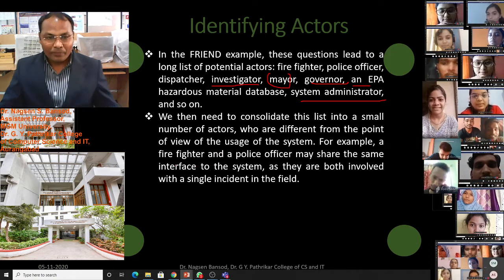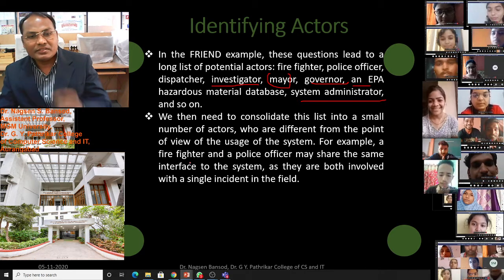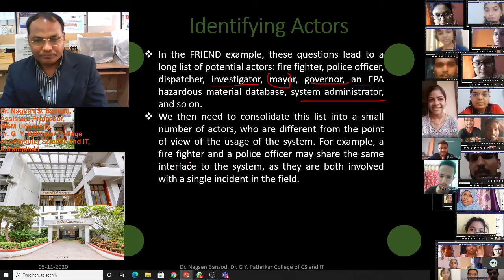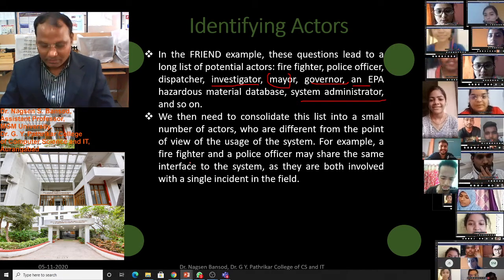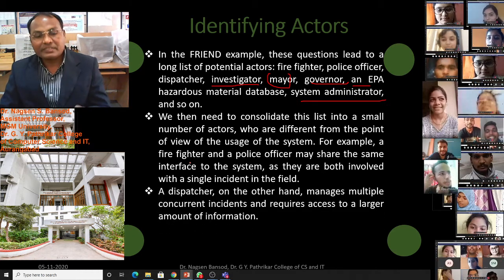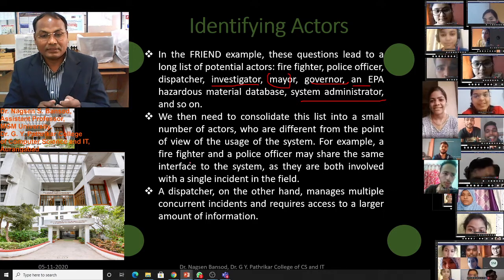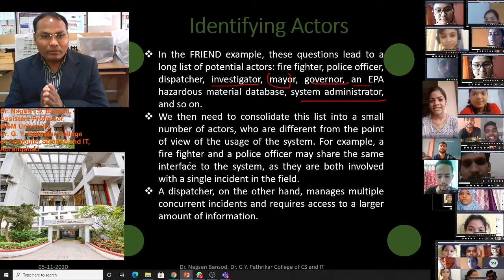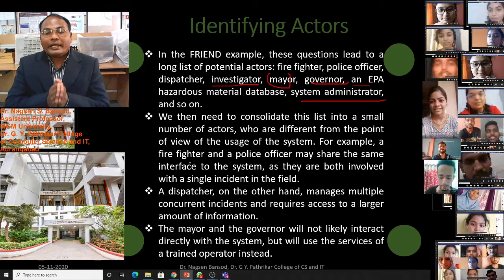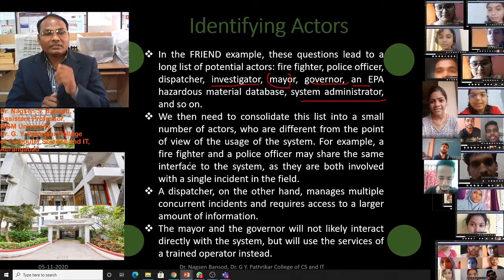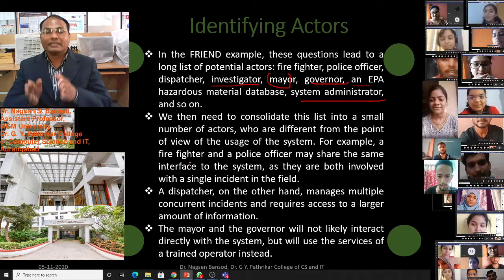For example, a firefighter and the police officer may share the same interface to the system, as they are both involved with a single incident in the field. The dispatcher, on the other hand, manages multiple concurrent incidents and requires access to a large amount of information. The mayor and the government will not like to interact directly with the system, but will use the services of the system operator instead.